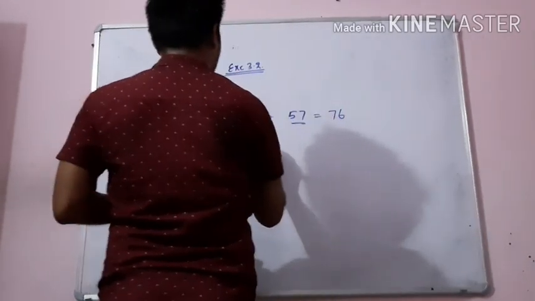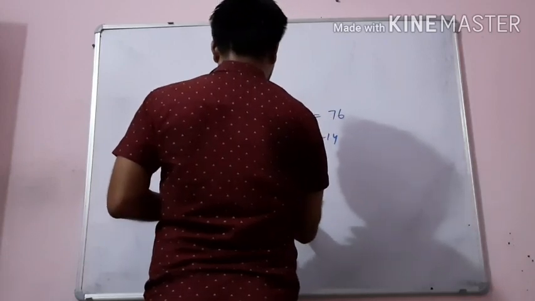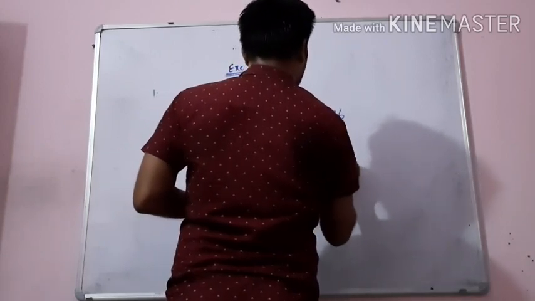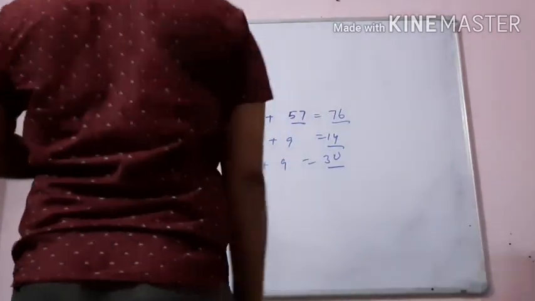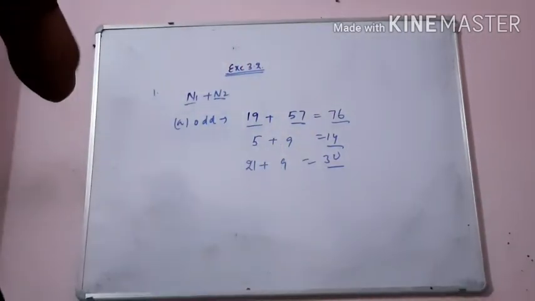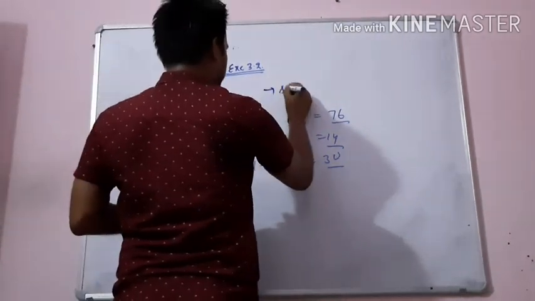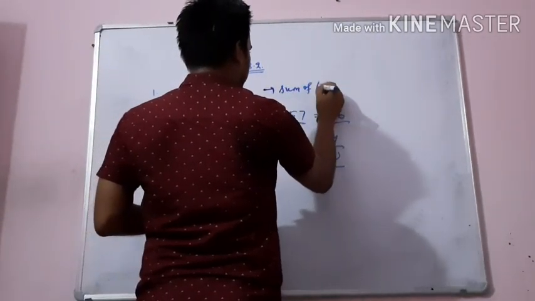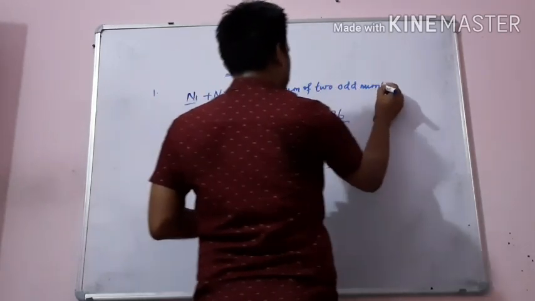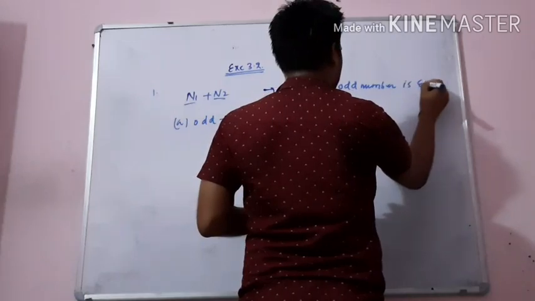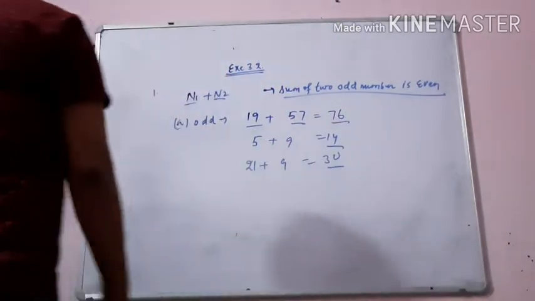Take another, 5 plus 9, 14, 21 plus 9, 30. In all the cases, your result is even. So what will you write? Sum of 2 odd numbers is even.